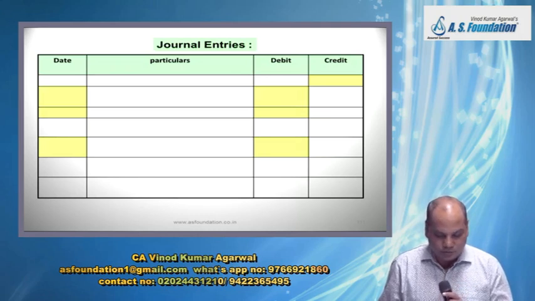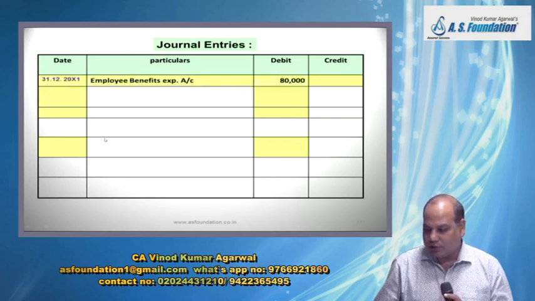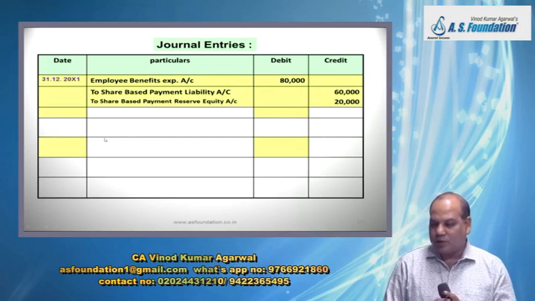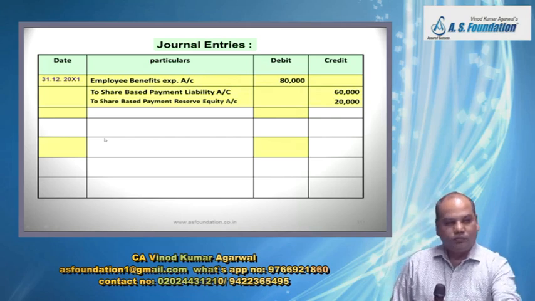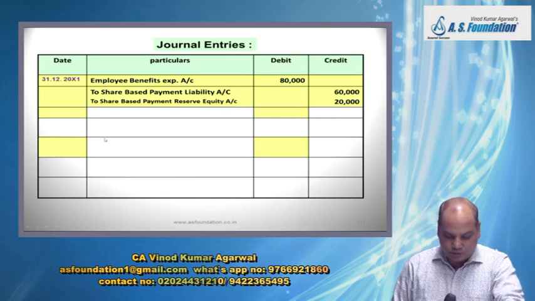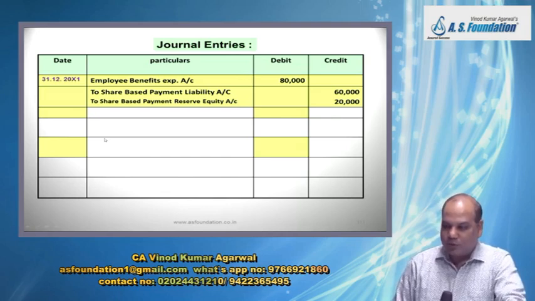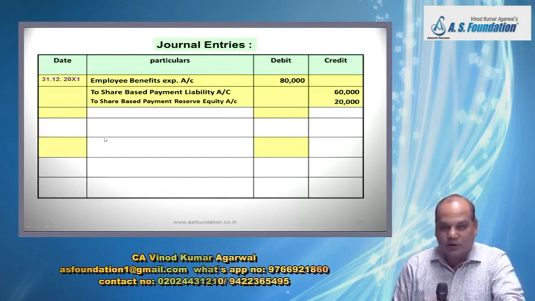Write down journal entries. Debit, credit, 2 columns on the right side. For the first 2 years we are going to pass entries like this. First write down the date, 31/12/20x1. Employee benefit expense account debit 80,000.